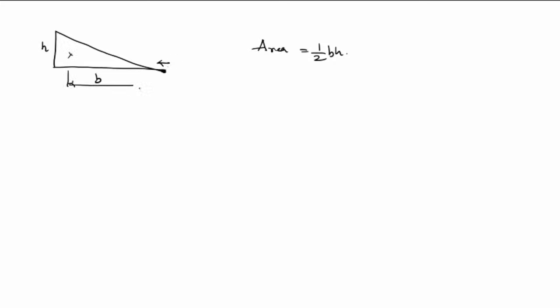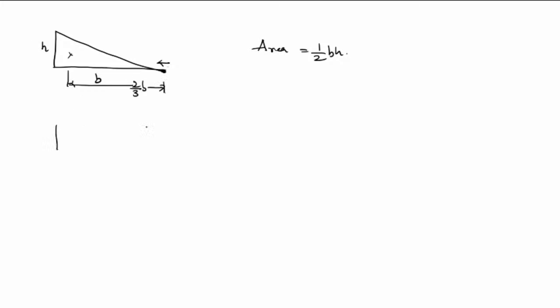If the bending moment diagram is a triangle with height h and base b, the area is half b h, and the centroid, measured from either side, is at 2/3 of the base.